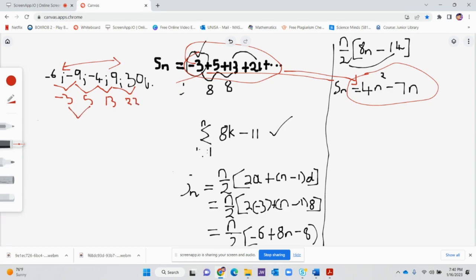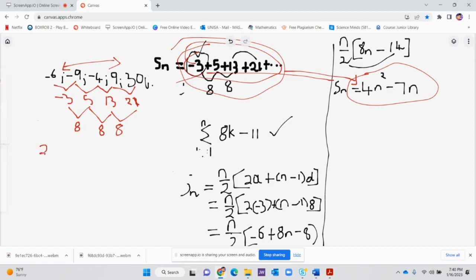So let's see if we have a second constant difference. Yes, there is. Just notice that minus 3, 5, 13, 21 is what we originally had, which had a constant difference of 8. So we have a constant second difference. So we can say 2a is equal to 8. This is grade 11's work. Therefore, a is equal to 4 if we divide both sides by 2.